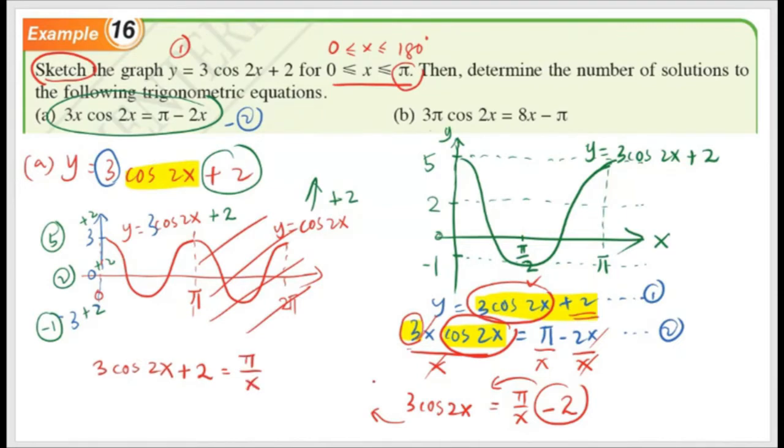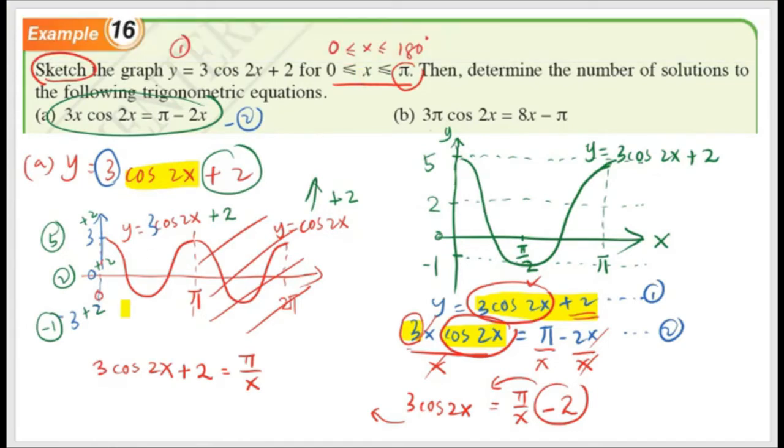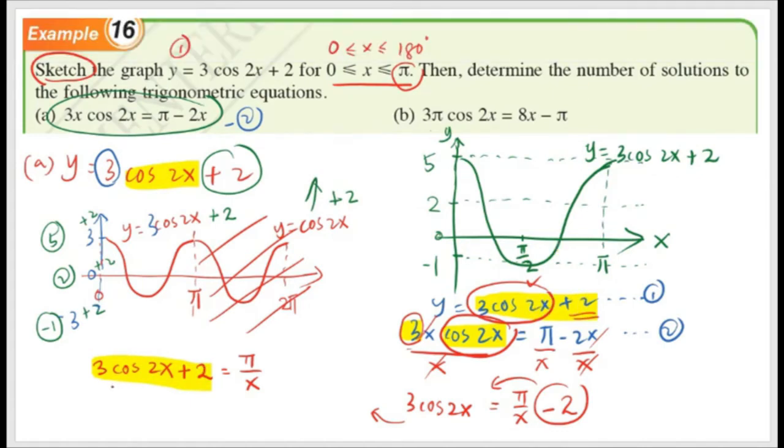Can you see this? Pi over x. So now this is 3 cos 2x plus 2, and this one is equal to y. You make the left-hand side equal to y. y equal to pi over x.